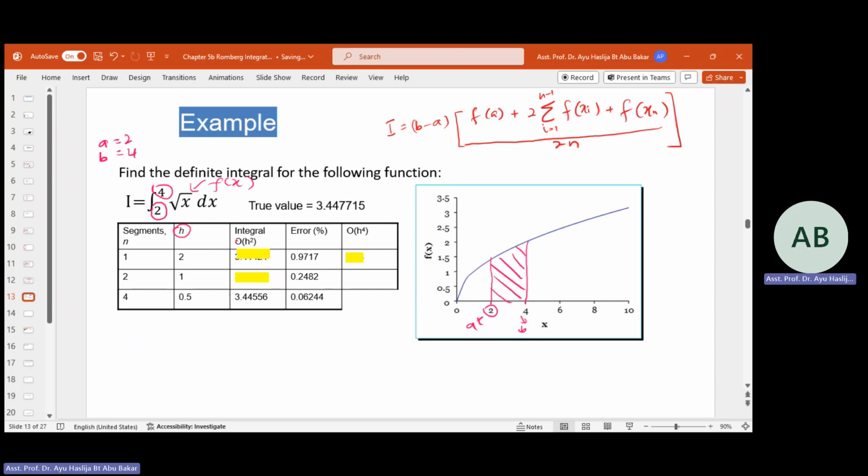Now for integral 0 to 2, here is K level 1. At level 1, we find the integration using trapezoid. The trapezoid equation: here segment equals 1, h equals 2. So using trapezoid, this one is a single application, n equals 1.